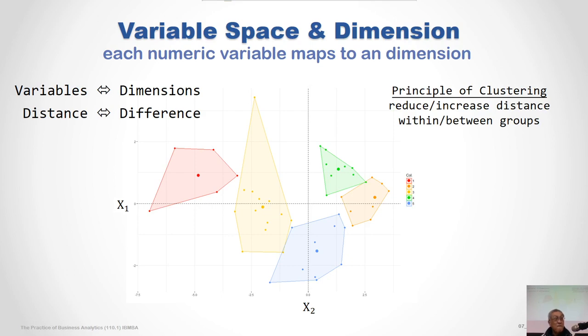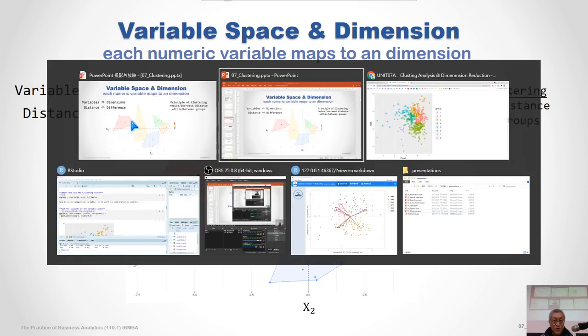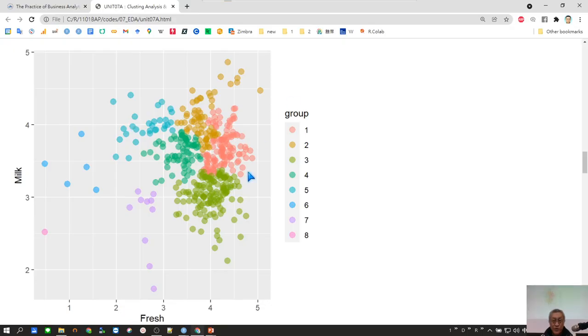As I just mentioned, the reason that these 2 points are close to each other is that their fresh and milk variables are similar to each other. So the distance means difference, and the closer they are in the variable space, the more similar they are. That's what we mean by similar. Any question?